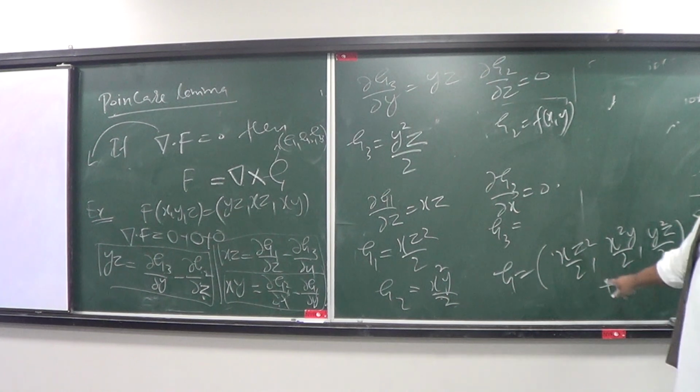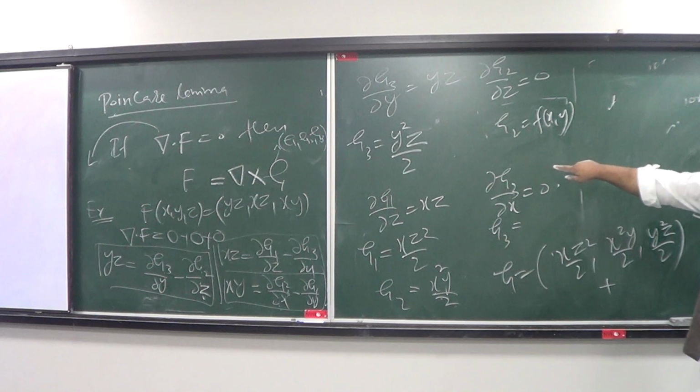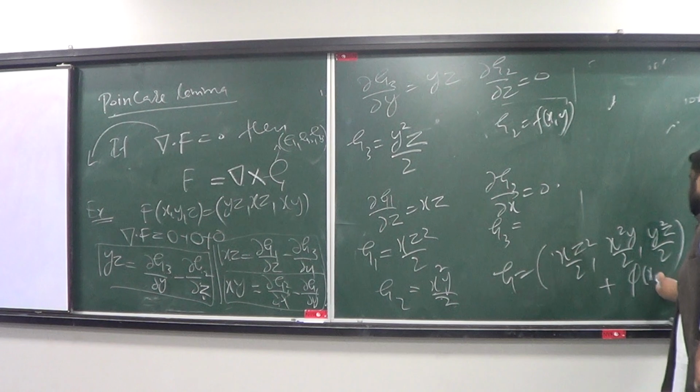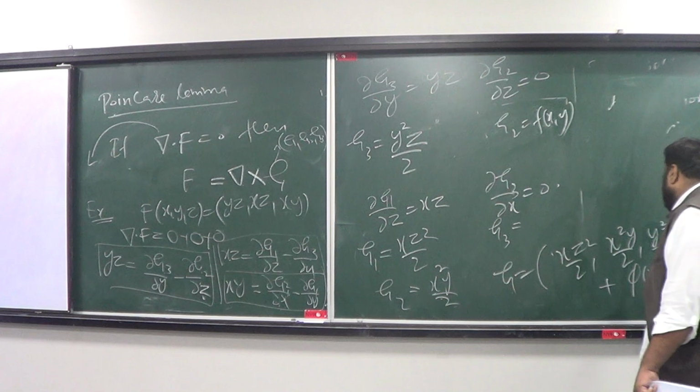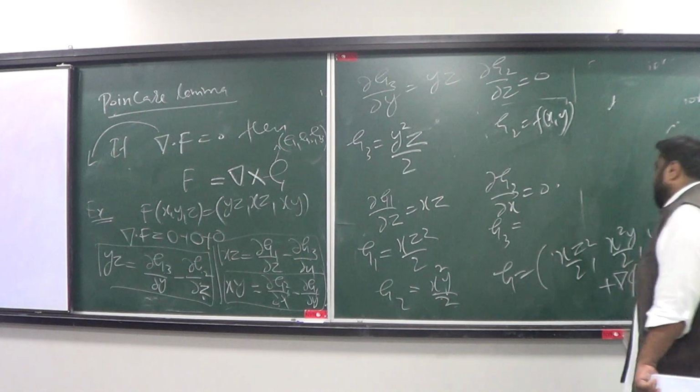Now I know there will be functions coming out of all three because we are doing integration. So I'm combining them and putting them as all functions of x, y, z. But you will see that this is going to be only the gradient of the phi.